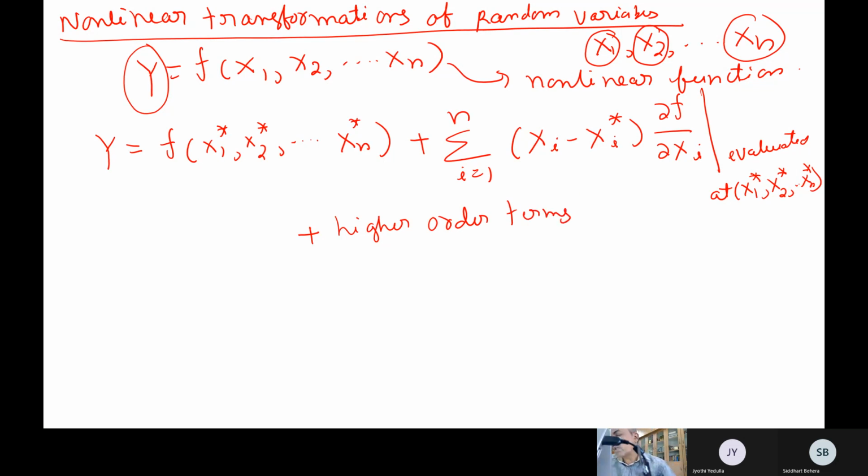I have written the expansion also. It is not the e raised to x expansion; where is e to the power of x here? There is no e to the power of x, right? What is this expansion known as?